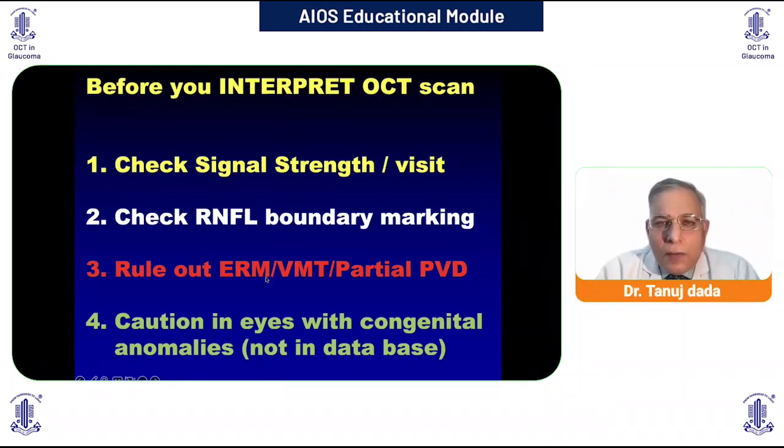Rule out interface abnormality, epiretinal membrane, vitreomacular traction, partial PVD, for these will cause overestimation of the RNFL. And a word of caution, don't interpret the RNFL thickness in eyes with congenital anomalies, because these are not in the normative database. So rely on the visual field and the ganglion cell if the macula is normal, not on the RNFL or the disc parameters for congenital disc abnormalities.